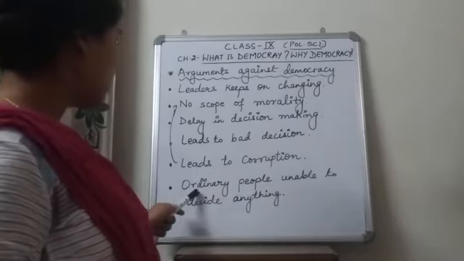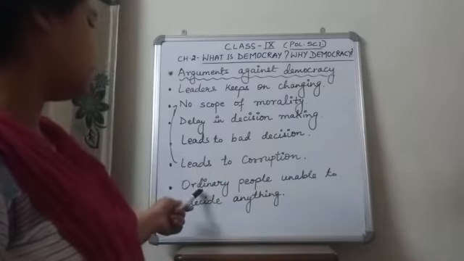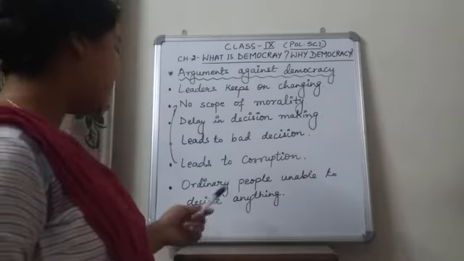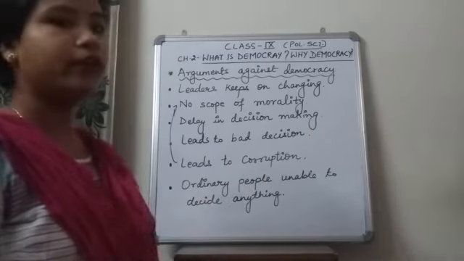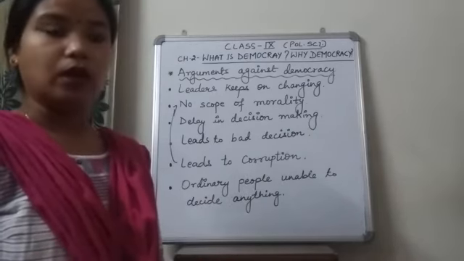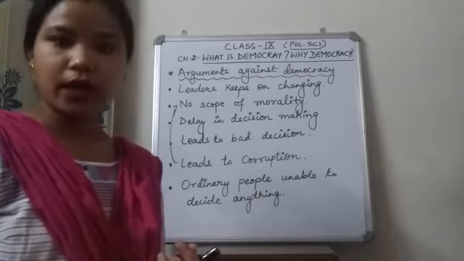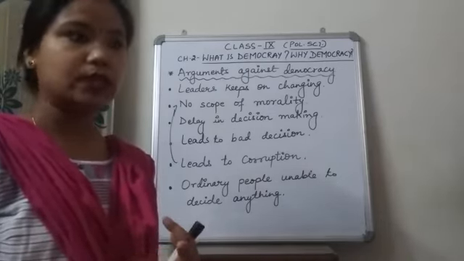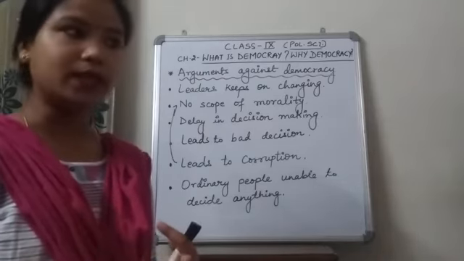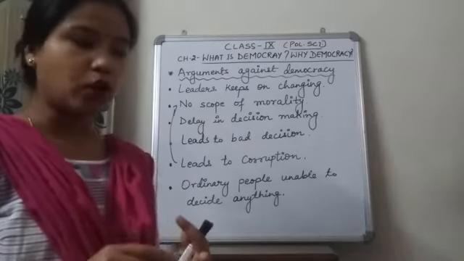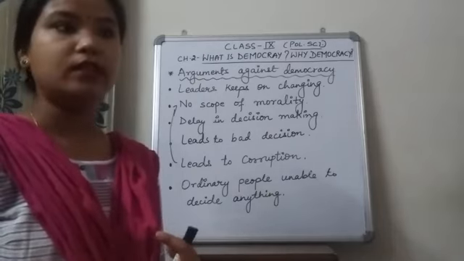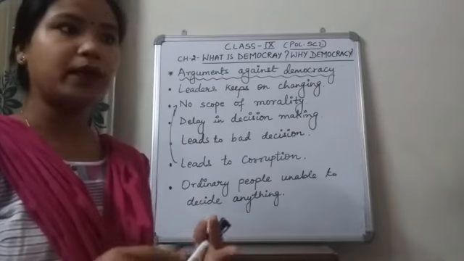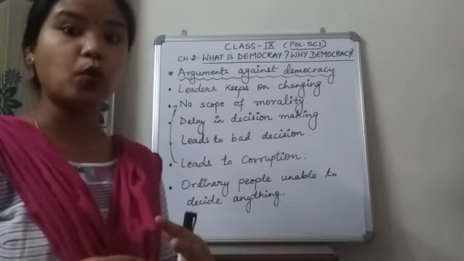Now next we'll be talking about the last point, which says that ordinary people are unable to understand or decide anything. Who are the ordinary people we are talking about here? Ordinary people are the uneducated people, or we can say the illiterate people. These illiterate people don't know what is good and what is bad for them, because they don't even know which candidate is contesting the election from their own constituency.